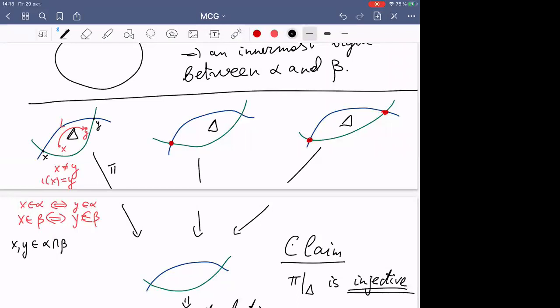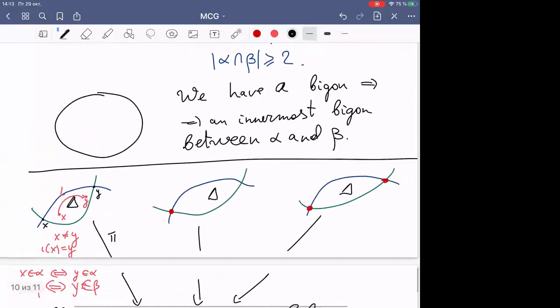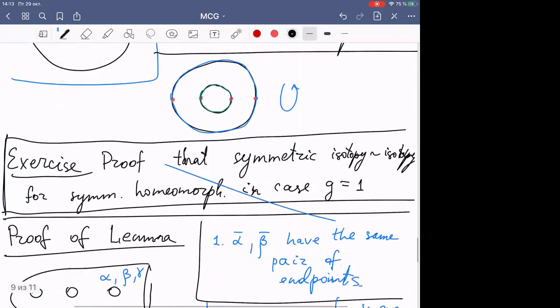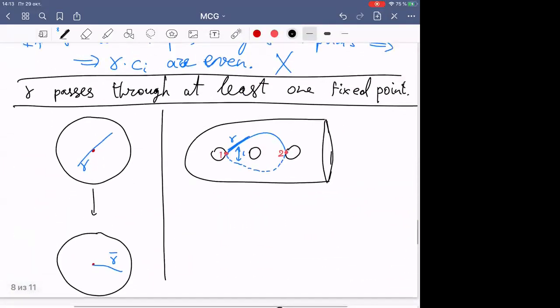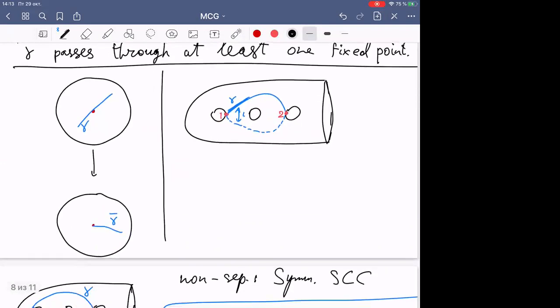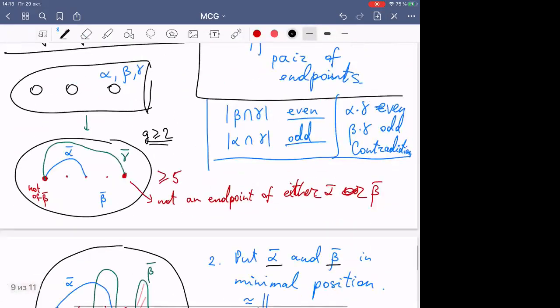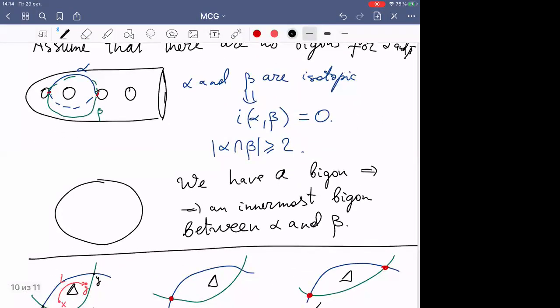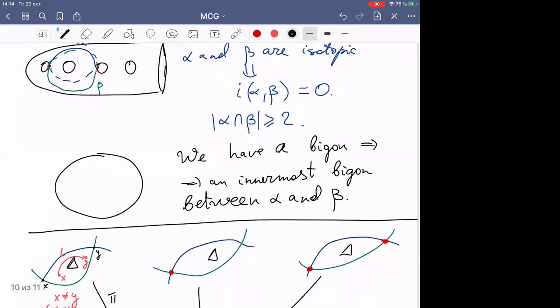Look, one more important observation: for any non-separating symmetric simple closed curve, the hyperelliptic involution changes the orientation of this curve.